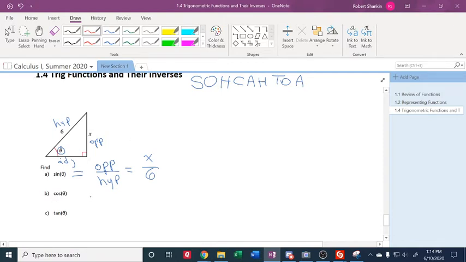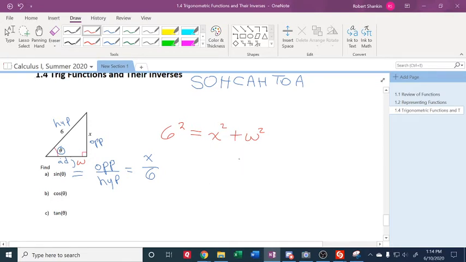All right, so you have a problem right away with this because the adjacent wasn't given, but actually it is because of the Pythagorean theorem. 6 squared equals x squared plus, let's just call this any letter we want. Let's call it w for a second, plus w squared.